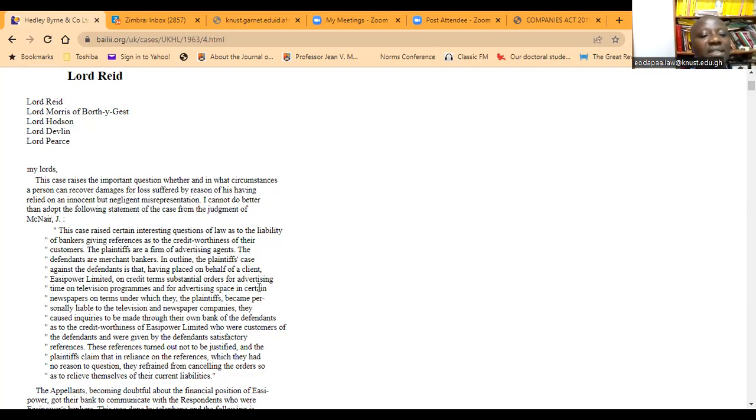I cannot do better than adopt the following statement of the case from the judgment of McNair J: "This case raised certain interesting questions of law as to the liability of bankers giving references as to the creditworthiness of their customers. The plaintiffs are a firm of advertising agents. The defendants are merchant bankers.